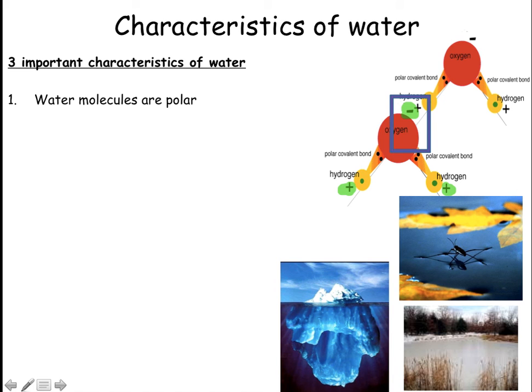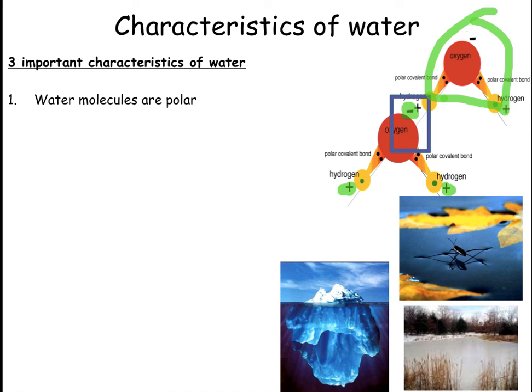And what happens when you have oppositely charged ends is that if you bring together the first molecule with a second water molecule here, the opposite ends of the two molecules will attract. And that's what you see inside this blue box, is that one water molecule's negative end is attracting to a second water molecule's positive end.